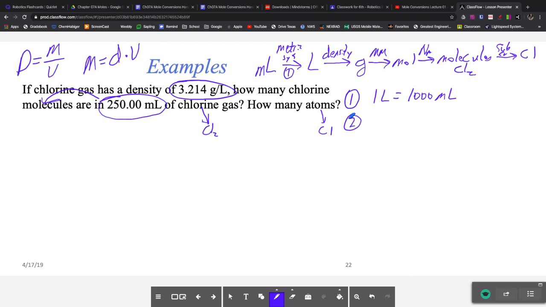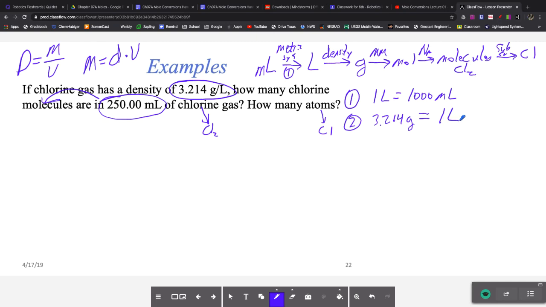We don't have to mess around with the formula for density. We can just turn that into a conversion factor and use it exactly the way it is and convert our liters to grams. So we know that there are 3.214 grams per every 1 liter. So that's equal to 1 liter.